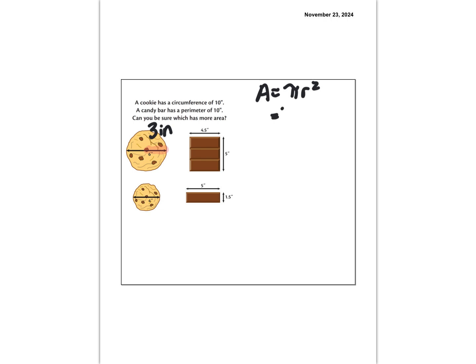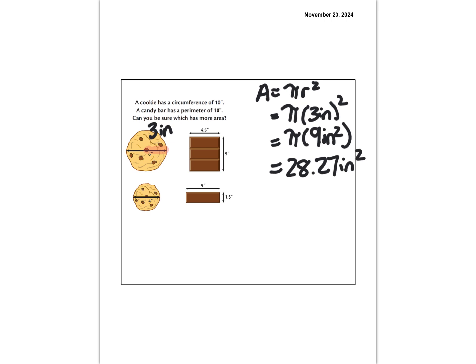We know what pi is, we'll just leave it. But we're going to square 3 inches. So when we square that, we get pi times 9 inches squared. And if we go ahead and calculate that, we end up with 28 and 27/100ths inches squared.